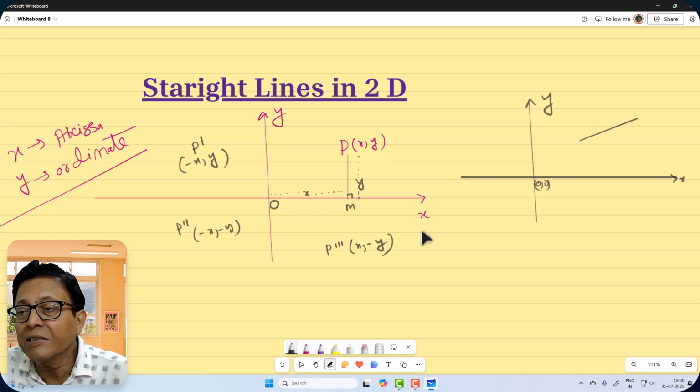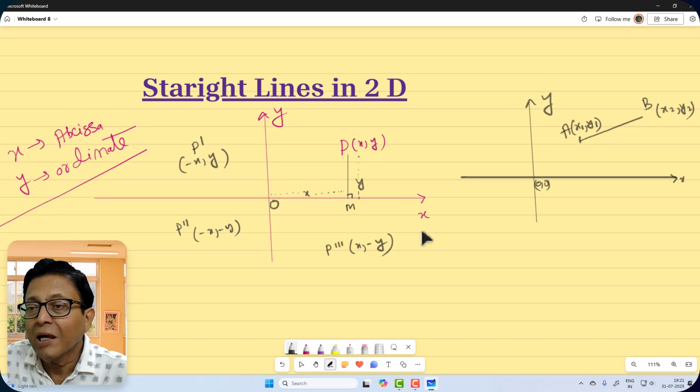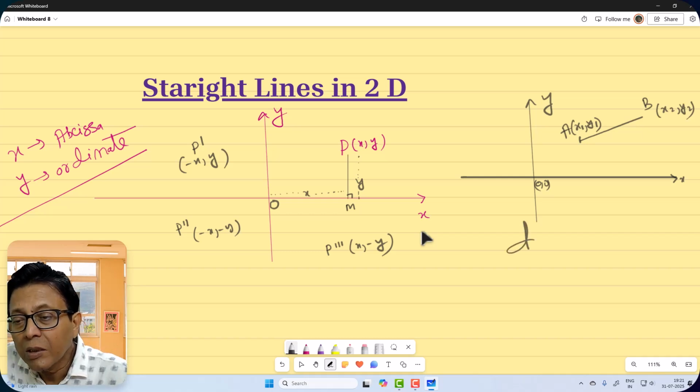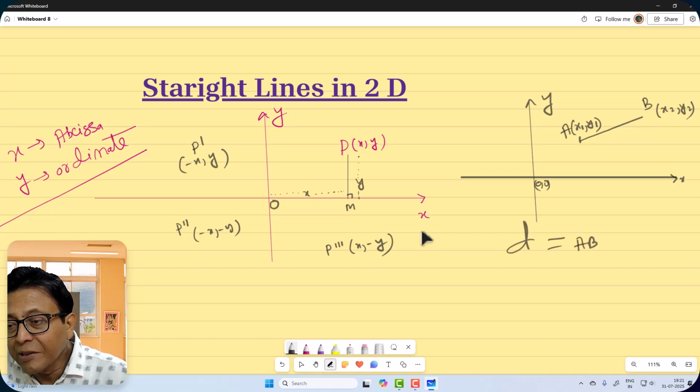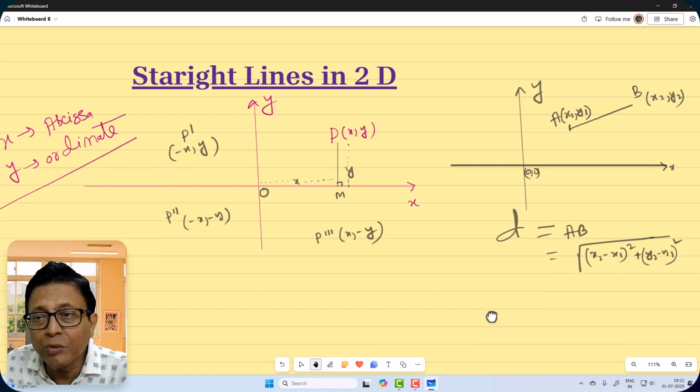If 2 points A and B are there, (x1, y1) and (x2, y2), then d equal to the distance between AB, which is given by the square root of (x2 minus x1) whole square plus (y2 minus y1) whole square. This you did before. No need to derive it now.